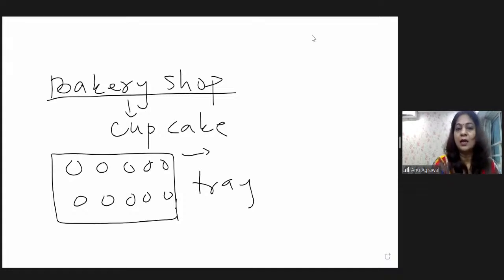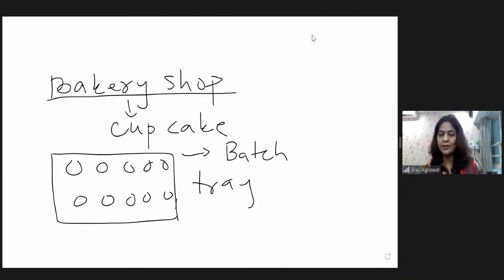Then I am not producing one cupcake, I'm producing in a batch. They are all uniform cupcakes, and so the basic qualitative characteristic is they're similar. They're homogeneously similar products. Only thing is they're not coming into existence one unit by one unit, they are coming into existence 10 units together. So that's why it's a batch. In one tray, I make 10 units together. That's a batch. So they're homogeneous, right? One thing clear, Krishna? Please tell me if it is clear.